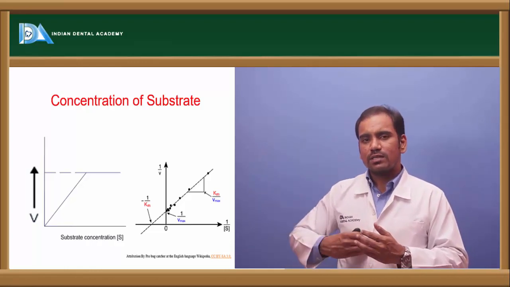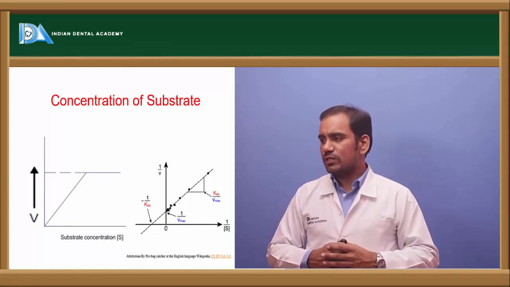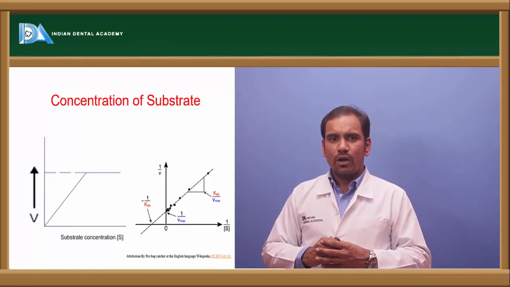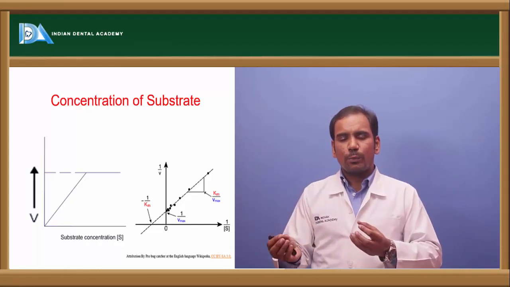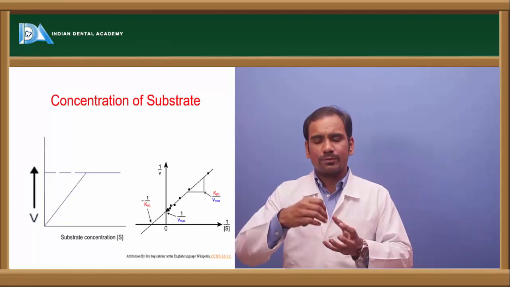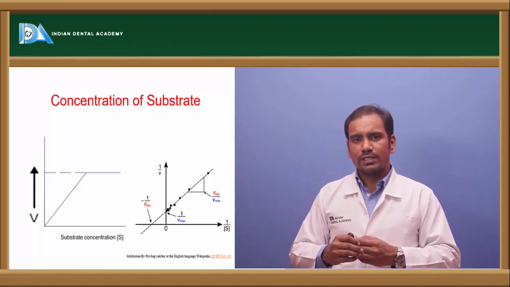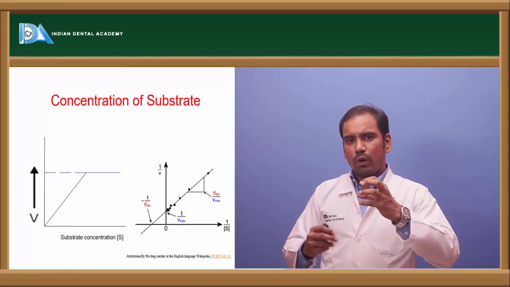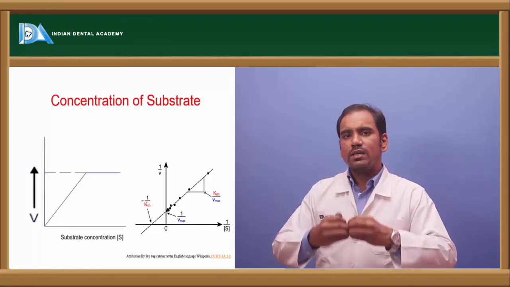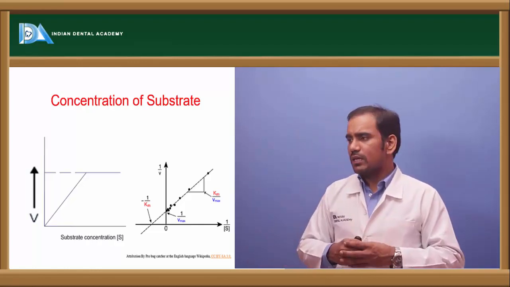However much you increase the substrate concentration, there is no further increase in velocity, because at a particular concentration of substrate all the enzymes are occupied by the substrates. So when all the enzymes are occupied by the substrate, there is no further increase in the velocity of the reaction. That point where all the enzymes are occupied by the substrates is called the saturation point, because all the enzymes are saturated with the substrate.